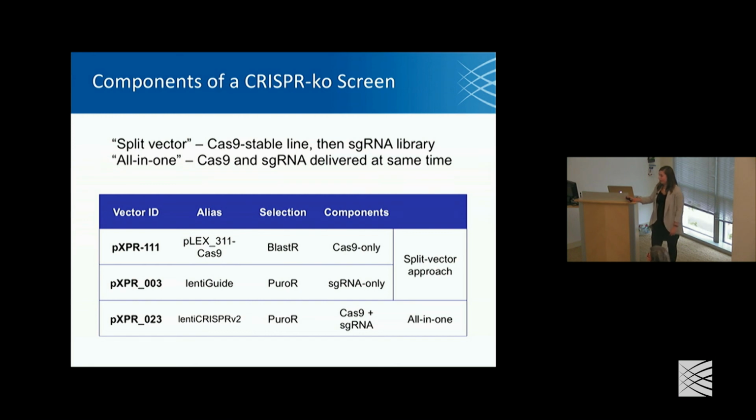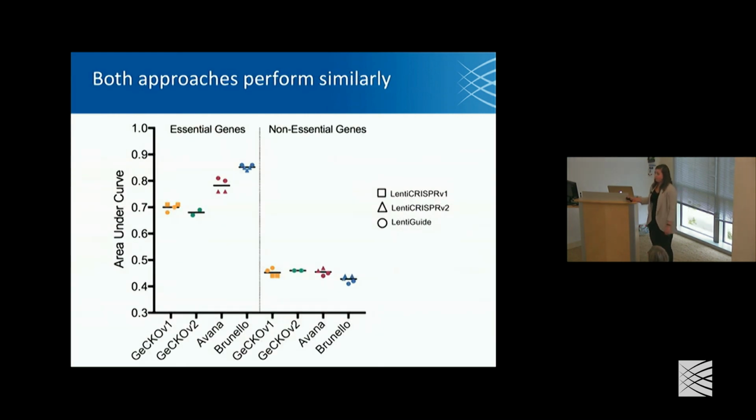We also have an all-in-one or lenti-CRISPR v2 approach, where both your guide RNA and your Cas9 are being delivered in the same vector. And there are different cost benefits for doing both those in terms of execution, which Zora will cover later. But when we look at performance, you really see no difference in performance if you do one way or the other.